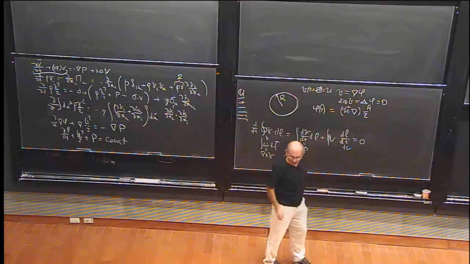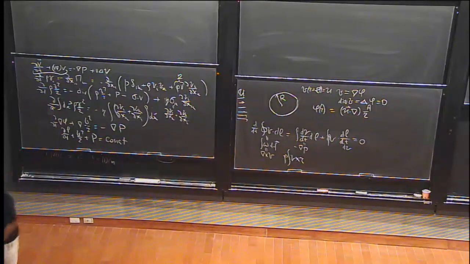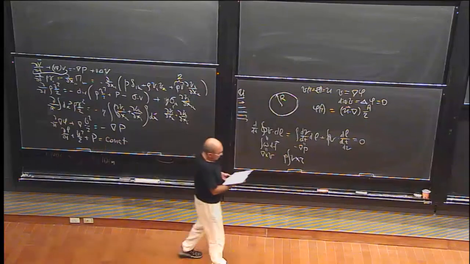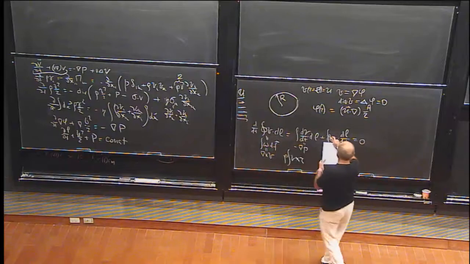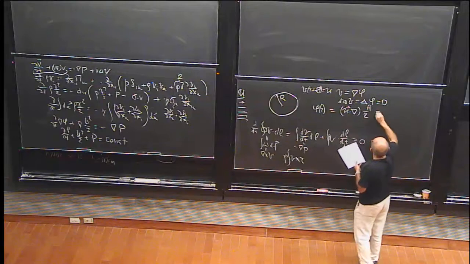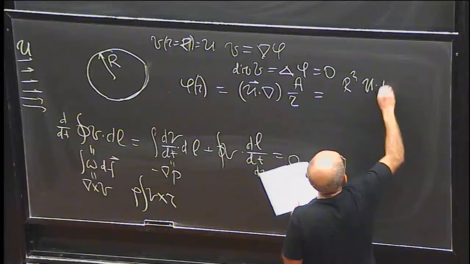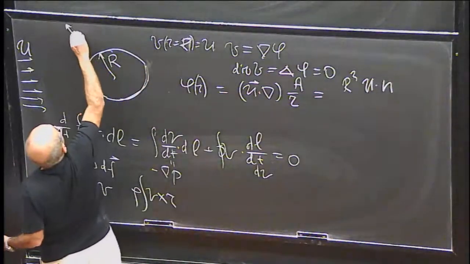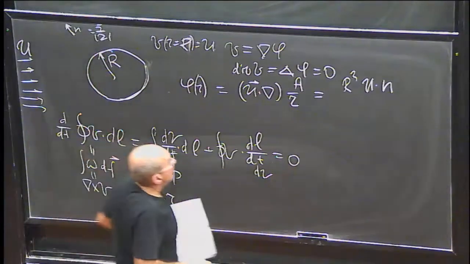Okay, and to spare you the simple algebra, I can give you the result. Stokes did it for his PhD. That was his PhD result. So you can get it. Phi is proportional to r cubed, u times n, where n is a unit vector, so n is r divided by r modulus.